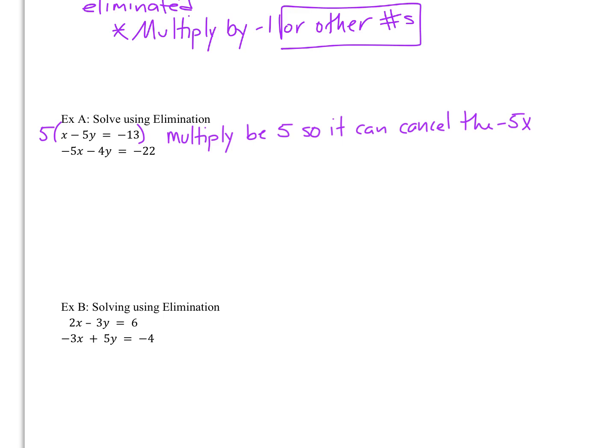Because we're not making the equation really different. It's just going to look different. The equivalent stays the same as long as I multiply everything by it. So we're going to come down here and now have positive 5x and then -25y and -65 there. So I multiplied everything in that top equation by 5.